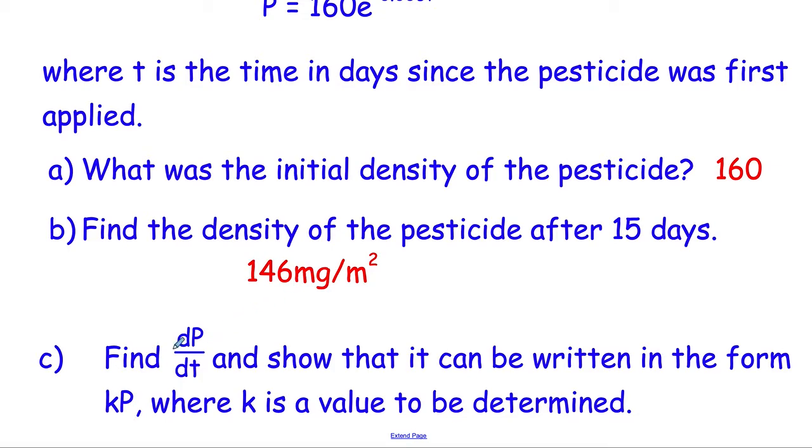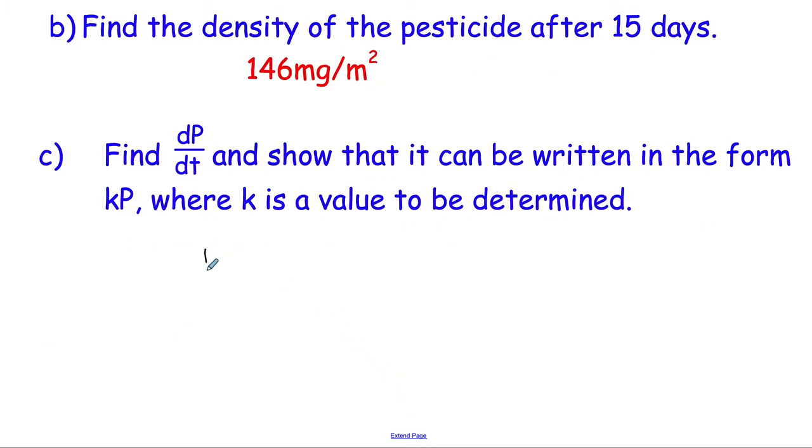This time now it wants us to differentiate the function, so show that it can be written in the form kP, where k is a value to be determined. So let's see how we can do that. Well, let's start by differentiating.